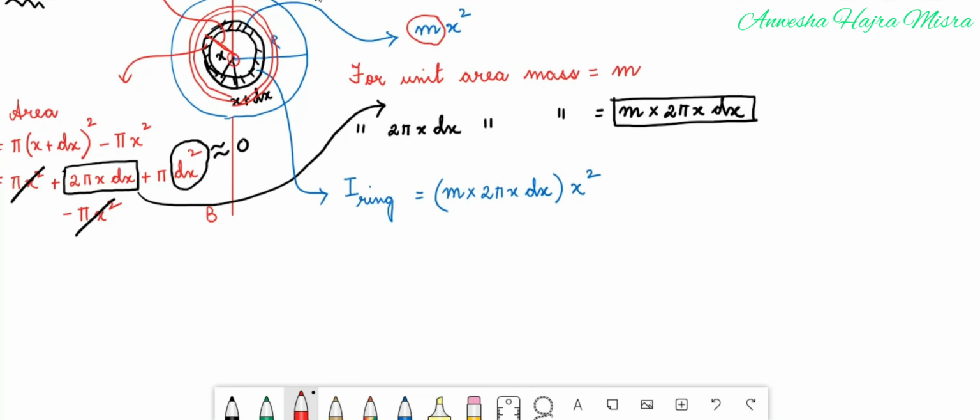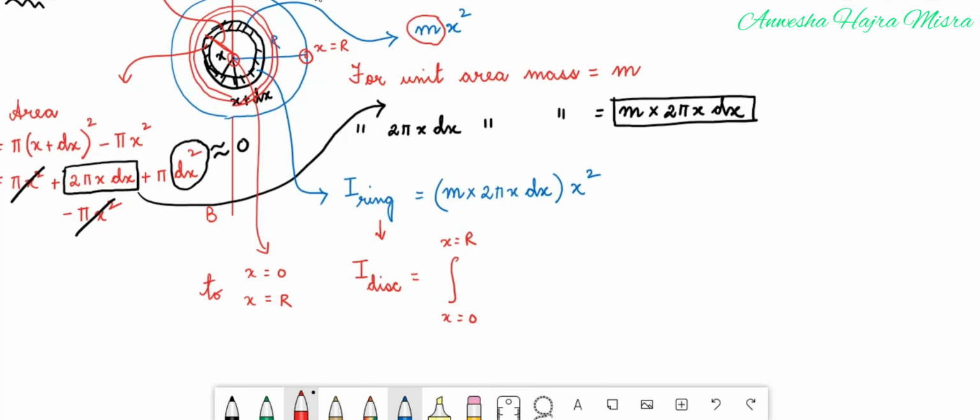At the center, my x is equal to 0, and at the extreme end, my x is equal to r. My x changes from 0 to r. So to find the moment of inertia of the disk, I have to integrate this from x equal to 0 to x equal to r.